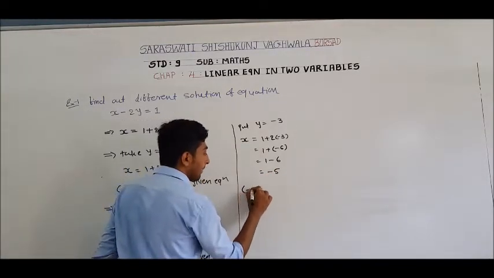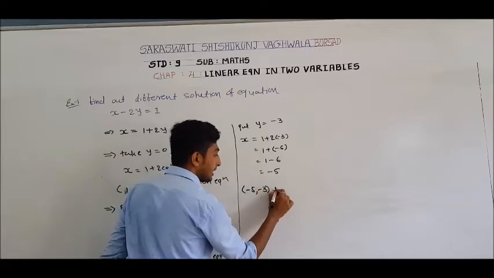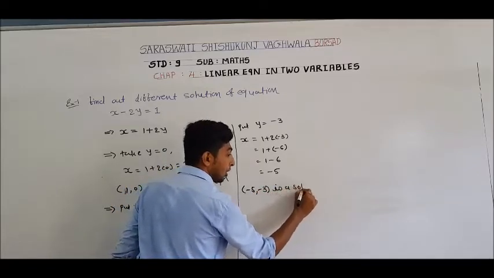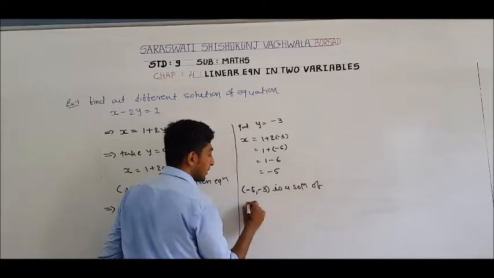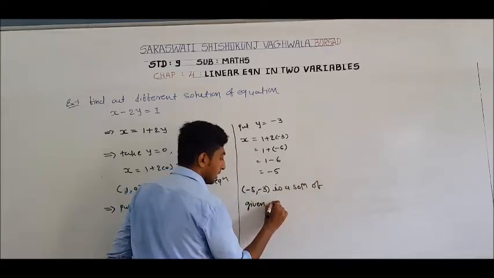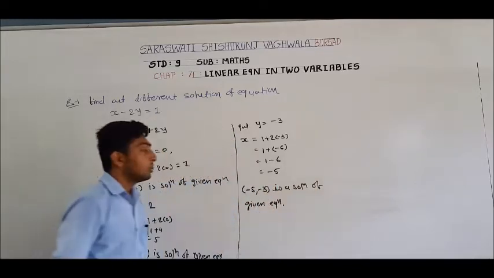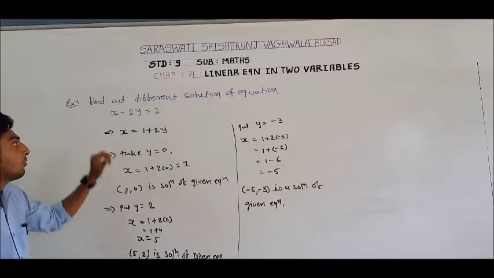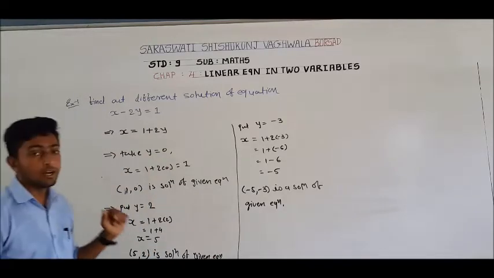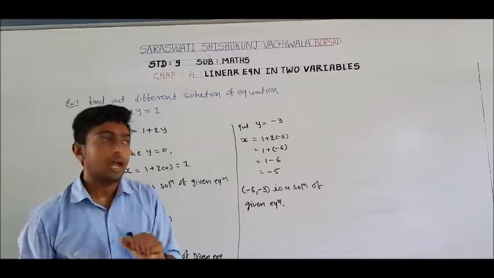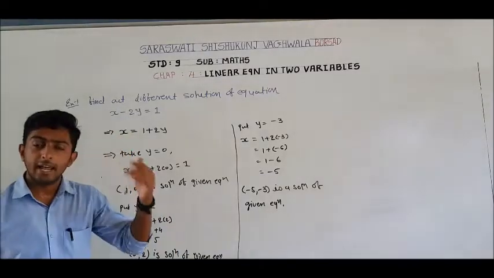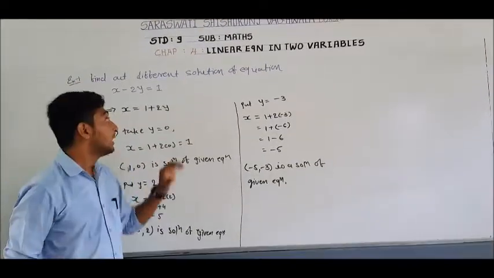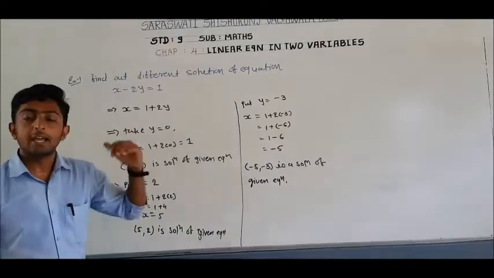So you will get minus 5, minus 3 is a solution of the given equation. So this is the way how to find different solutions of a given linear equation. You have to also write in table form. In the next example, we will see how to calculate the values of x and y in table form.